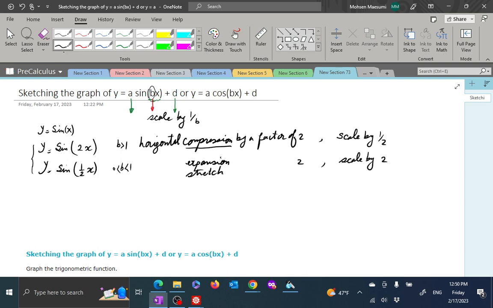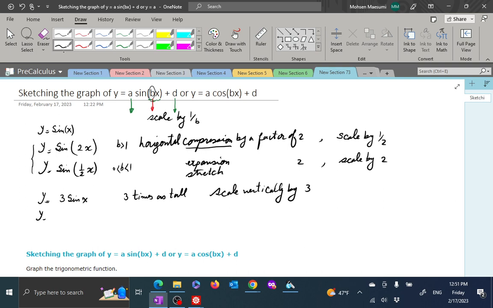So, for example, if I have y is equal to 3 sine of x, this simply means 3 times as tall. So you can say scale vertically by a factor of 3.